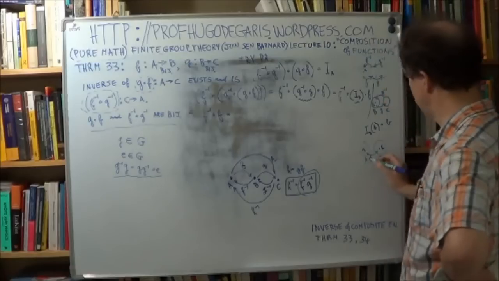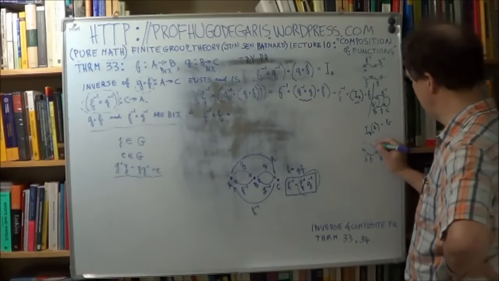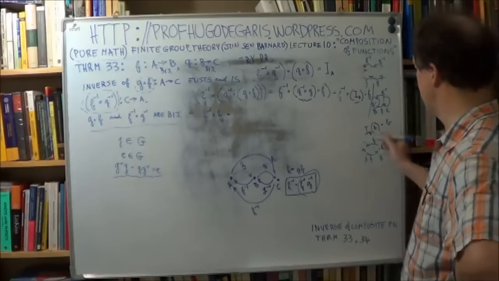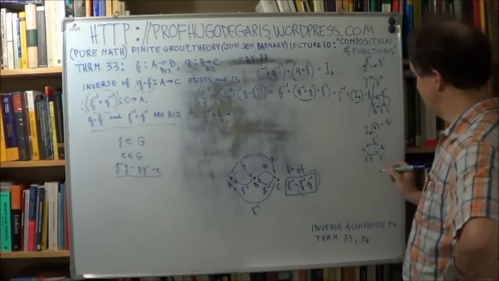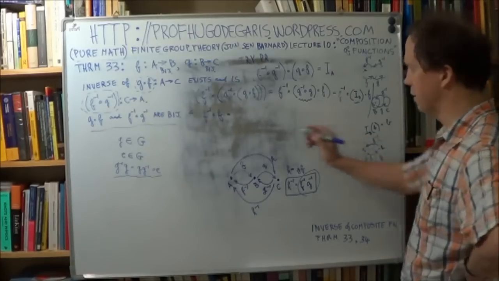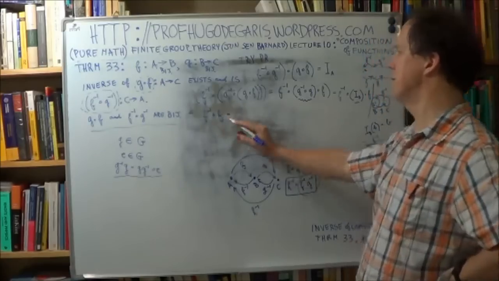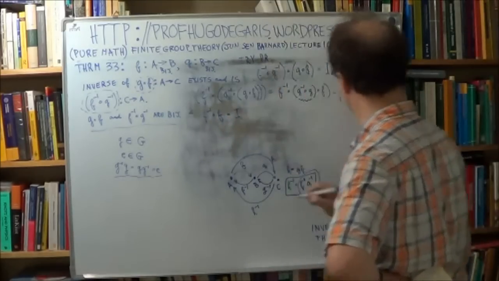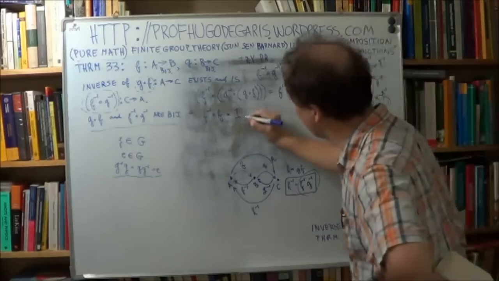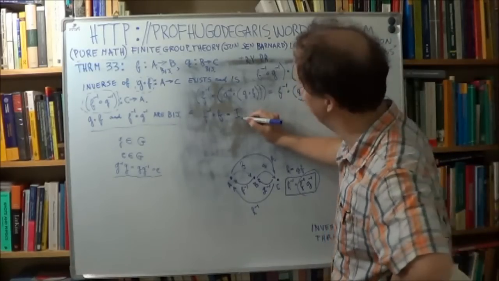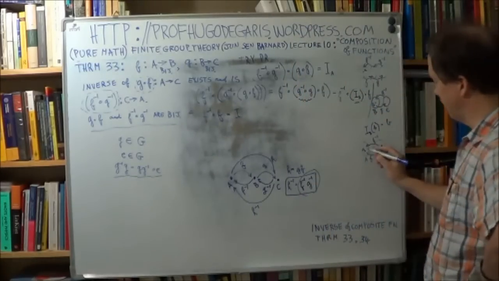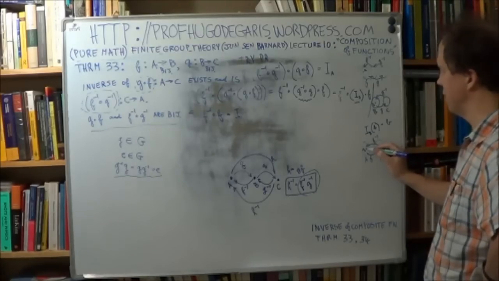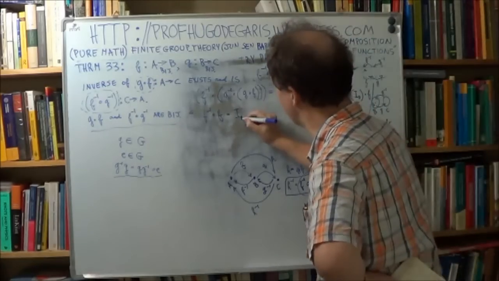So f will take you from big A to big B, and then f inverse will take you the other way. It takes you back to A. So this cancels out that. It's the inverse of this, so that is the same as I. Which I is it? What letter do I put down here? Well, doing f and then f inverse is the same as doing nothing with these a's. So this will be I of big A.